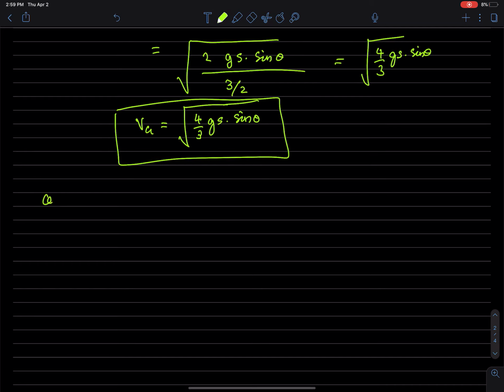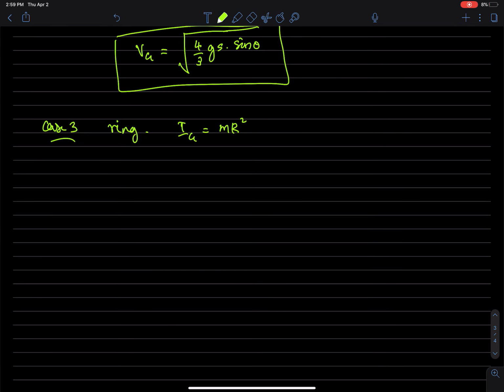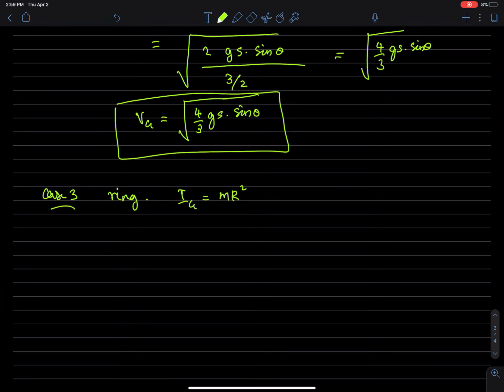Anyway, case 3, you could imagine, is a ring. Imagine a ring, then its Ig is actually mr square. And it's sort of even worse. So we can say Vg equals square root of 2mgs sine theta divided by m plus Ig by r square.